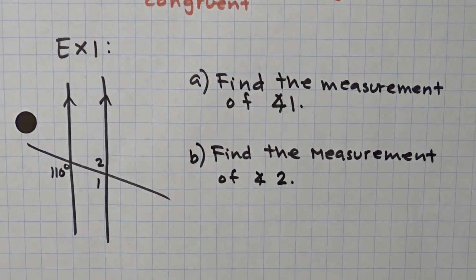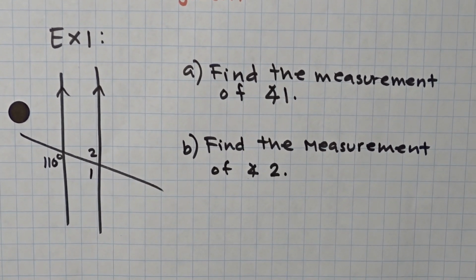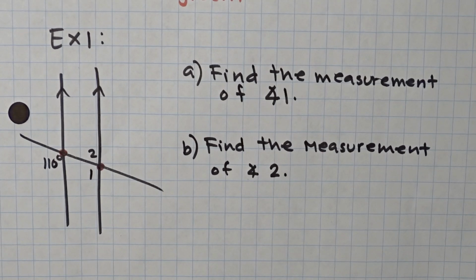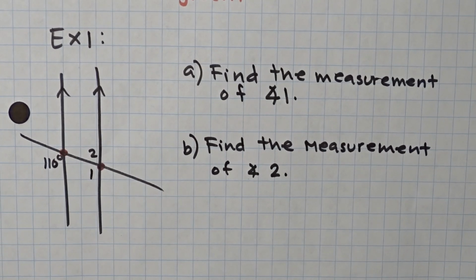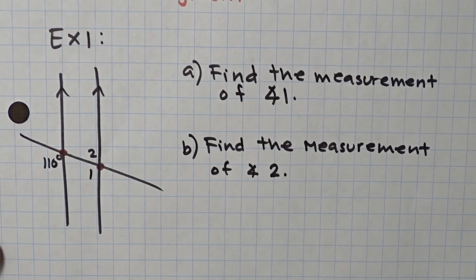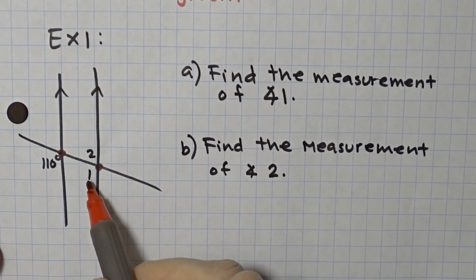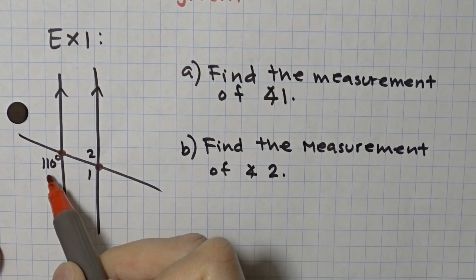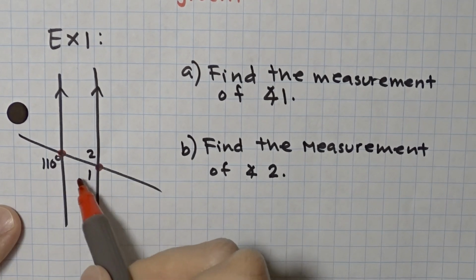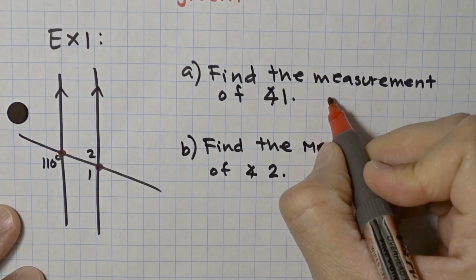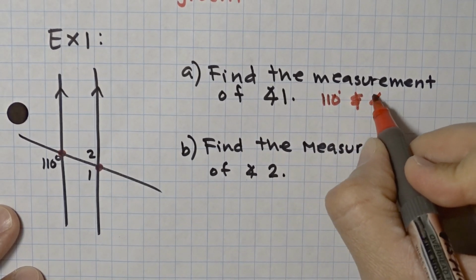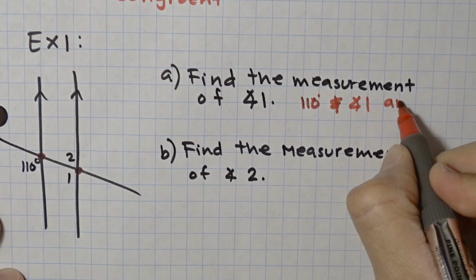All right, so we're going to use what I just told you. Even though these are vertical, the same characteristics apply. So we have two intersections, and we want to identify the location and see what's corresponding. So I say angle 1 is here. It's in the lower left corner of this intersection, and 110 is in the lower left corner. So I know that these are corresponding angles. So 110 degrees and angle 1 are corresponding.